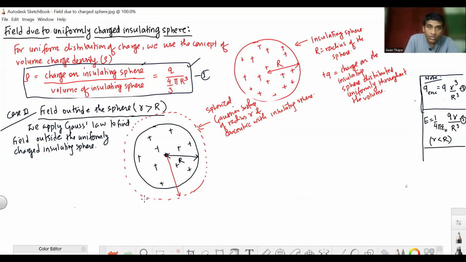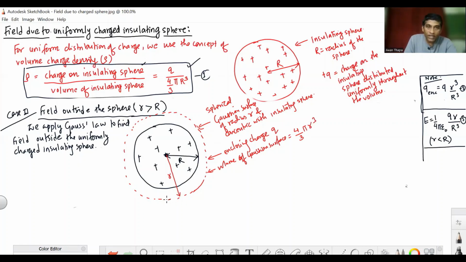Now, this Gaussian surface is enclosing charge Q, and the volume of the Gaussian surface is 4/3 pi r cubed.